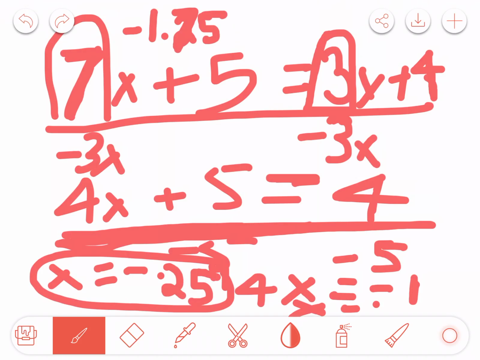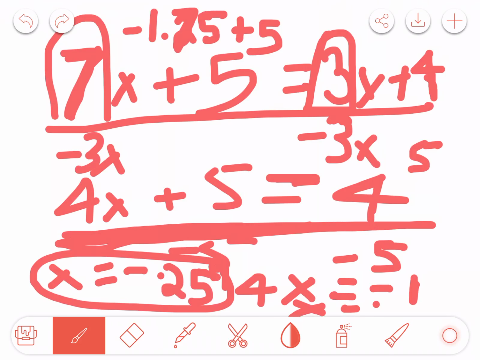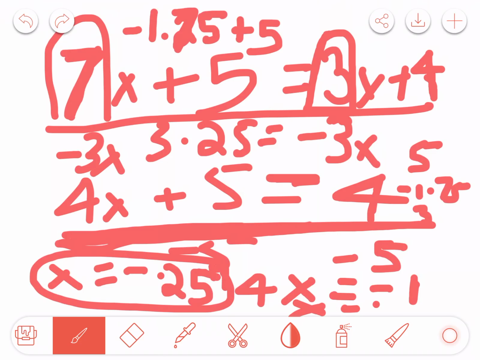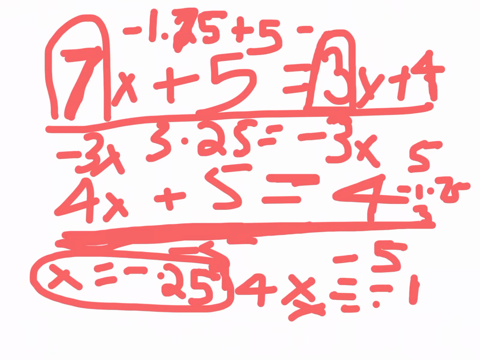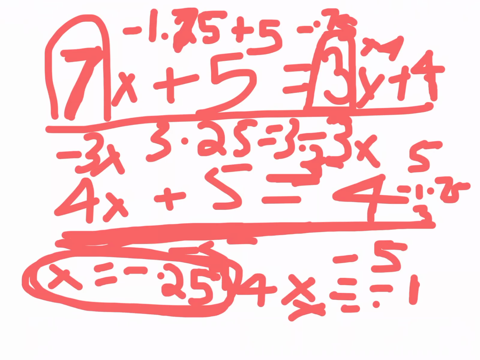Okay, plus 5, which gets you 3.25. So 3.25 on this side, and -0.25 times 3, my bad, is -0.75. Plus 4 is 3.25. So finally, that's your answer. x equals -0.25.